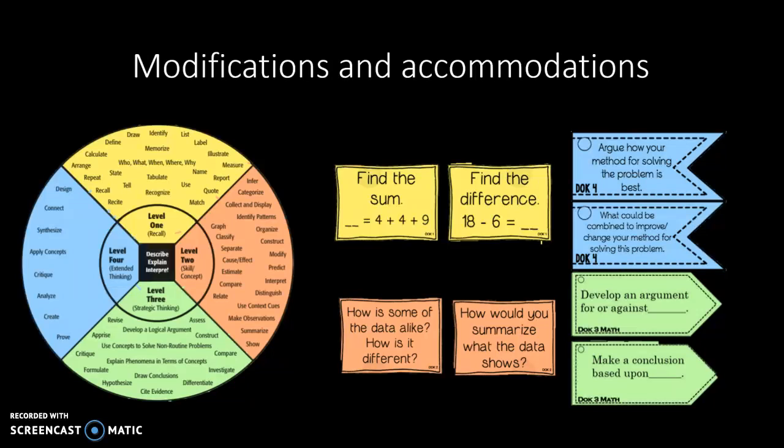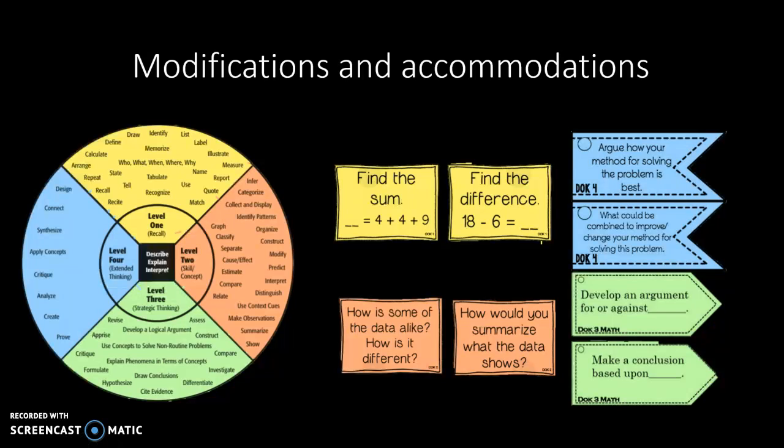Now if you look to the right, the level 1 that's yellow, it says find the sum. So in the level 1 DOK circle, it should say identify or find in there.